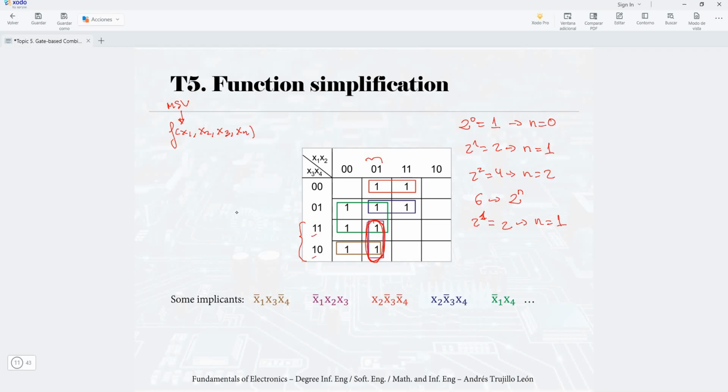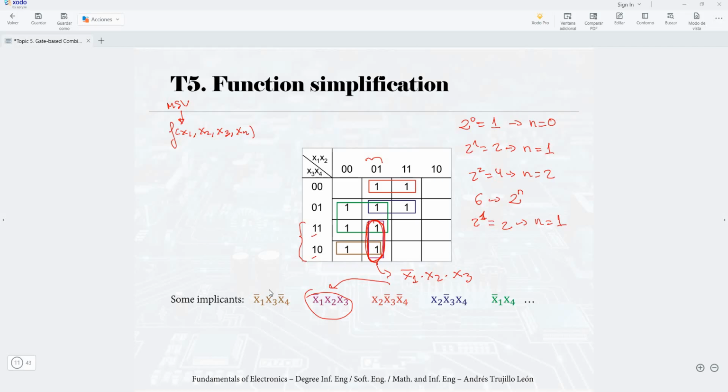So the product term associated to that allowed group of 1s is x1 negated because it's 0, x2 not negated because it's 1, and x3 not negated because it's 1. Okay, so we are here in this case. You can practice this at home. I think that it is easy, but when you are solving an exercise, it's not enough with finding the allowed groups of 1s. You have to make the translation between the allowed groups of 1s and the product terms that they are.